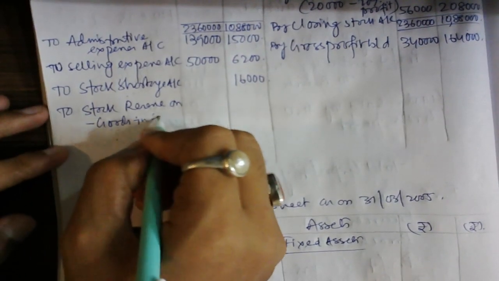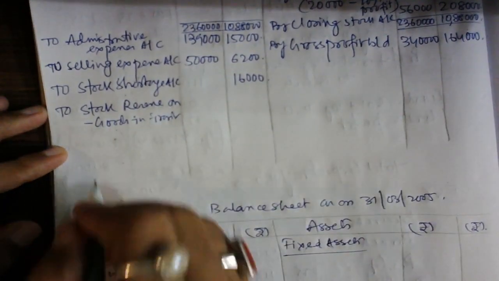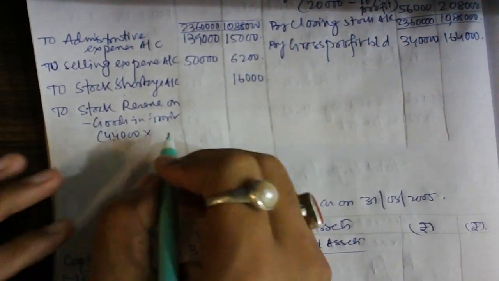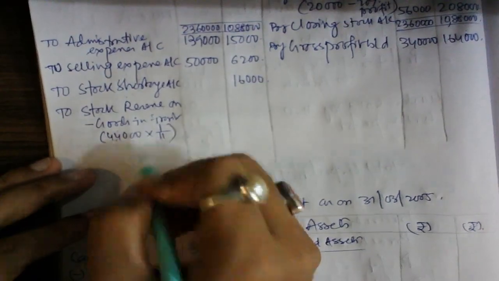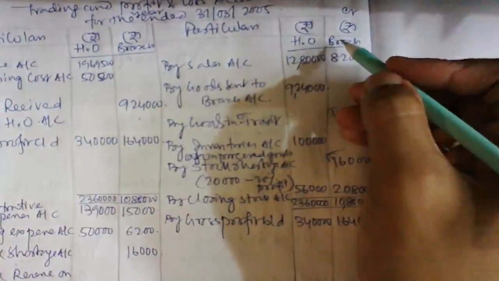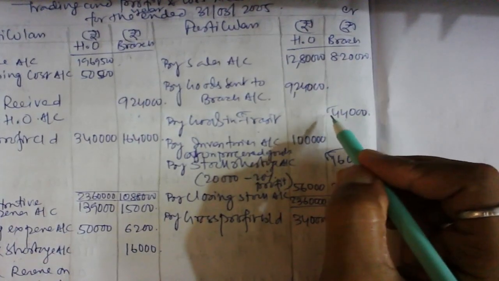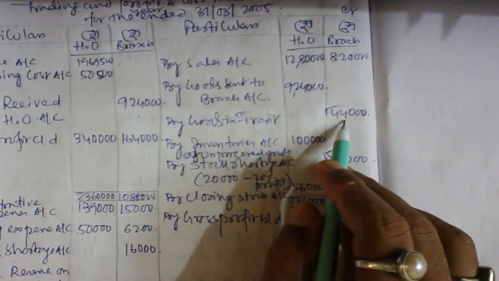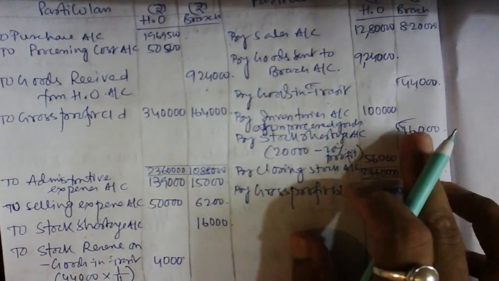How much will it be? 44,000 is the goods in transit price, so the profit will be 1 by 11, which is 4,000. Whatever goods are shown as branch goods in transit, it is inclusive of the HO profit, which we need to unload.